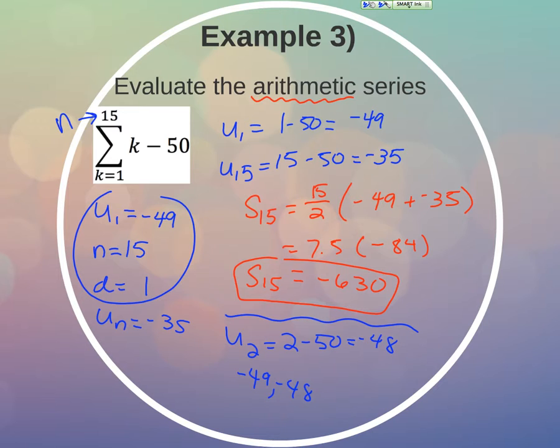And let's say it doesn't tell you if it's arithmetic or geometric, I would just make sure you get a third number at least. So if I plug in 3, I've got negative 47. Now I can really see the pattern is adding 1, right? So if it didn't say arithmetic, I could take it out to 3 terms to find out, okay, it's adding 1. I can go with an arithmetic formula here.